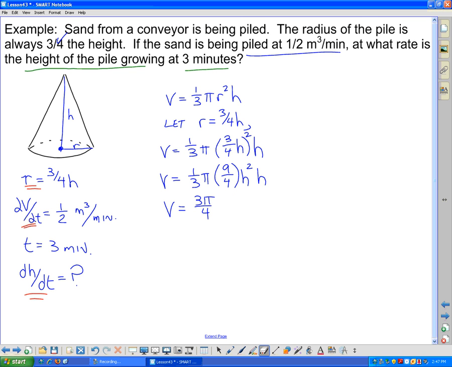Oh, caught myself this time. Everyone's thinking, oh, another mistake. Nope. 4 squared, that's not 4, that's 16. So 3 pi over 16 is what that would reduce to, and we'd have h cubed. So this is the volume of a cone when the relationship with radius and height is 3/4.